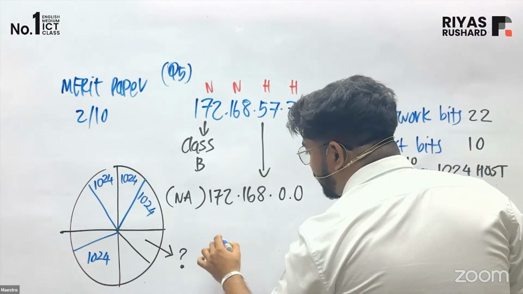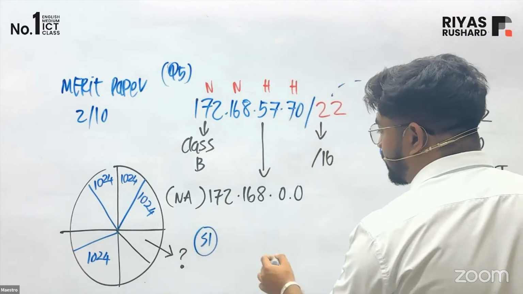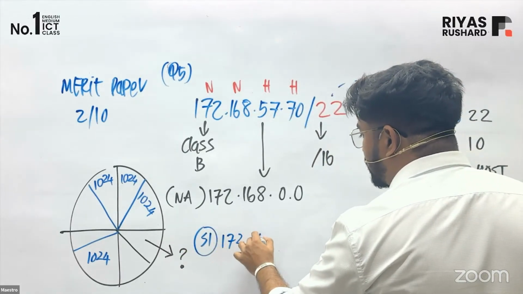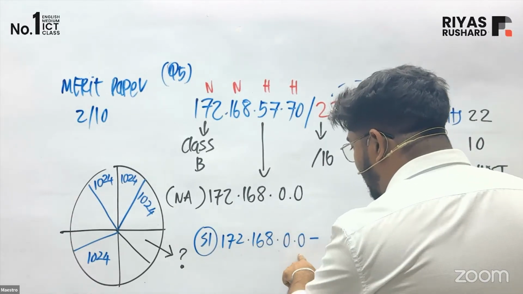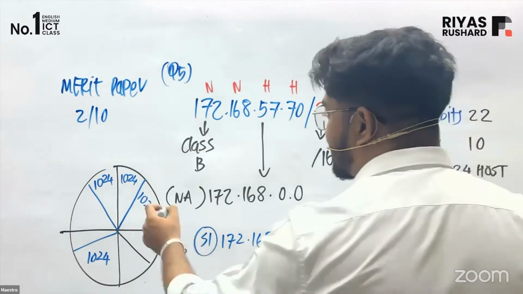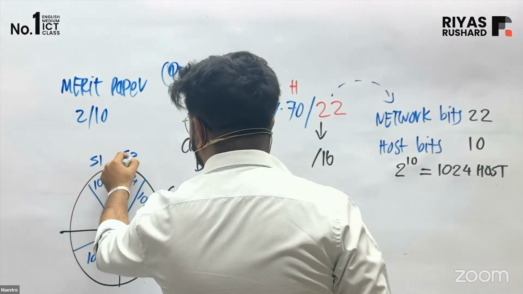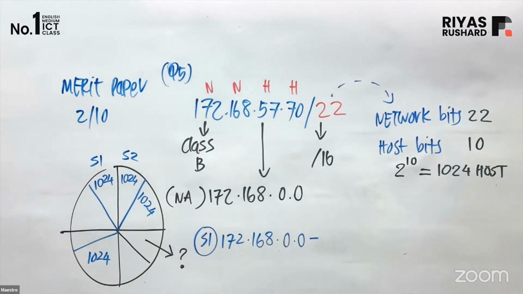So let's take the first subnet. This subnet, we need 1024. It starts at 172.168.0.0. How many IP addresses do I have to give? If this is subnet number 1 and this is subnet number 2, subnet number 1 should have 1024 IP addresses.